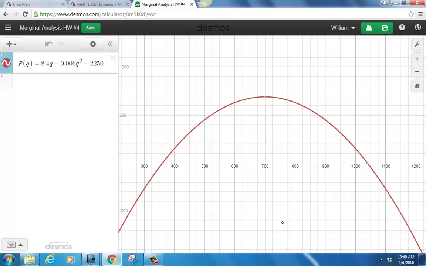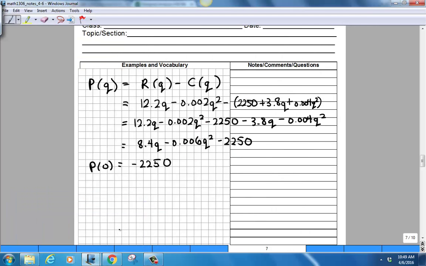Where the tangent line is flat, and so that's all we're trying to do here is find out where the rate of change is 0.